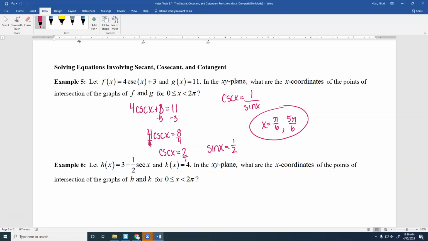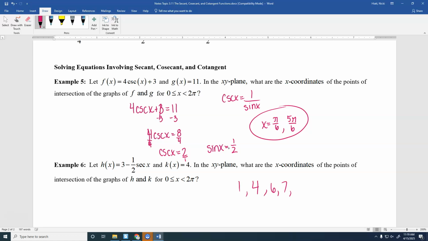All right, so on that worksheet, I want you guys to do 1, 4, 6, try 7.